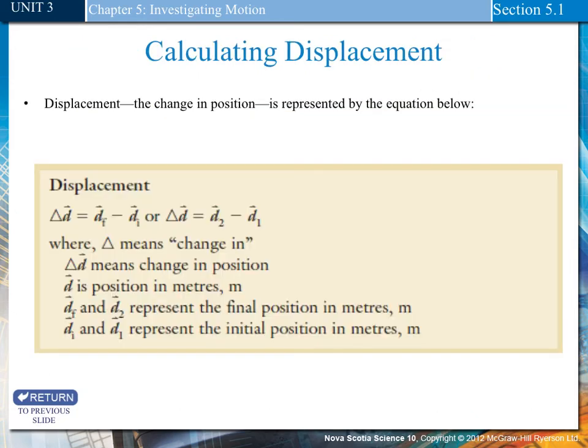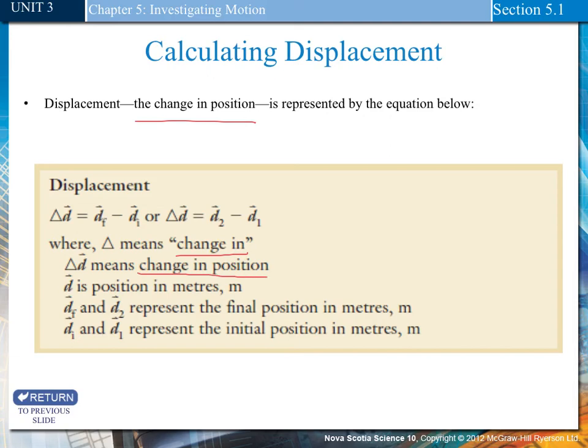Calculating displacement. Displacement, meaning the change in position, is represented by the equation below. So here we have delta D. Remember, the triangle means change in. So delta D with an arrow means change in position.